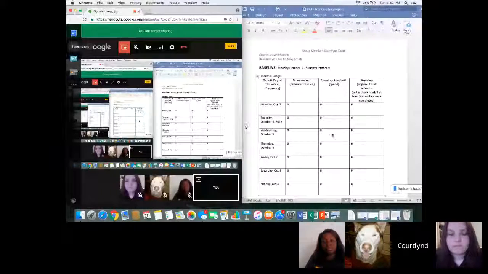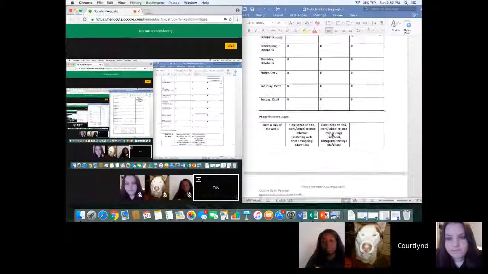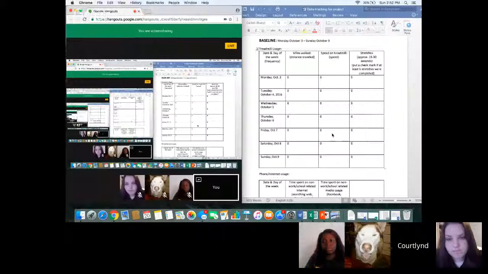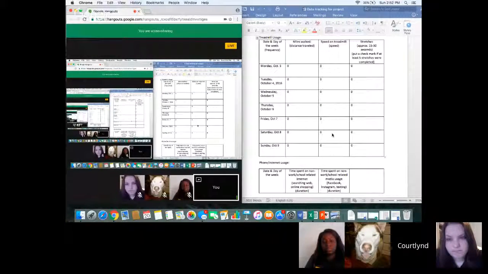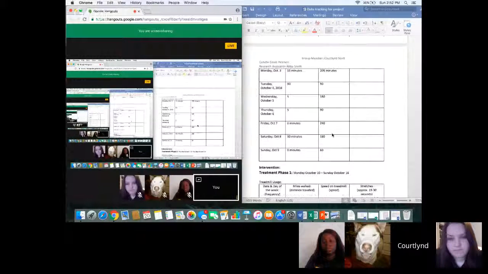To talk about our data sheet that we tracked, I'm going to try to share my screen so that you can see. This was the data sheet that we tracked on, just for an example. So we were able to mark the miles walked, the speed on the treadmill, if we did or did not do stretches, and then the time spent on media usage.